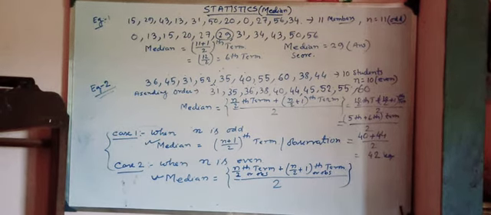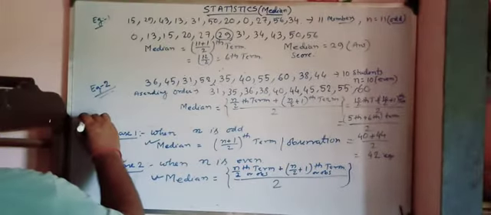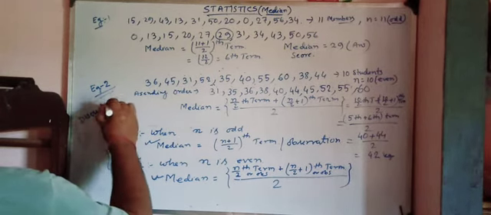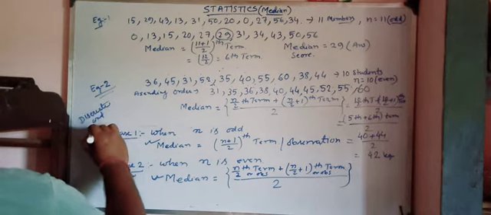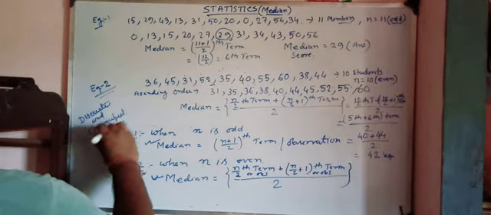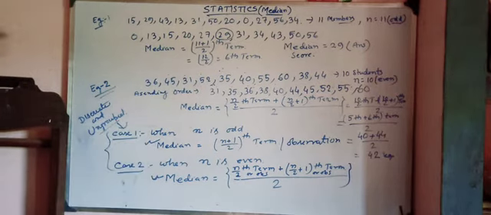The formula should be same when n is odd, for discrete and ungrouped, both formulas should be like that. Understood that? This is the formula for finding the median.